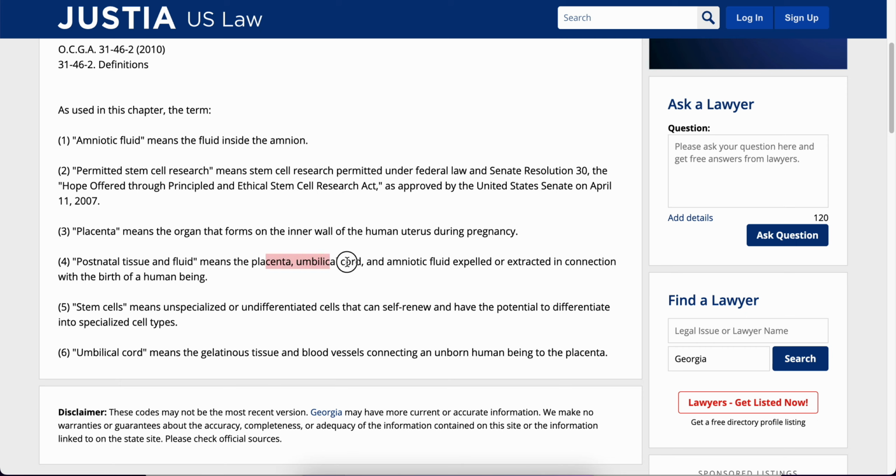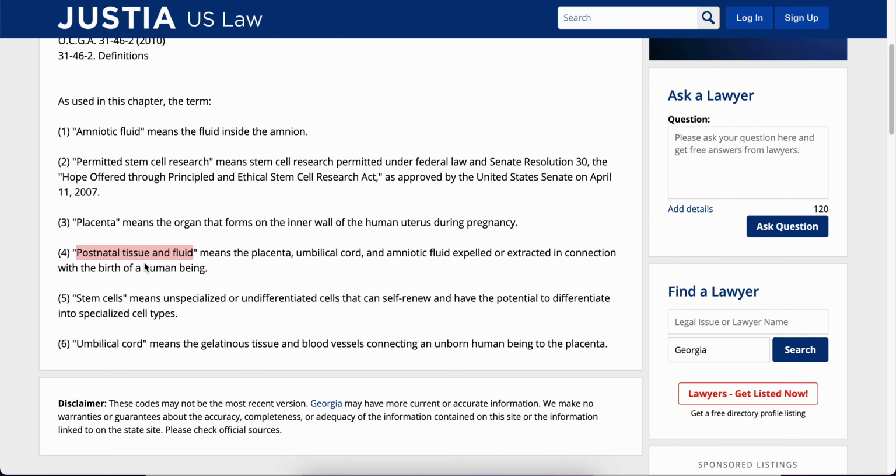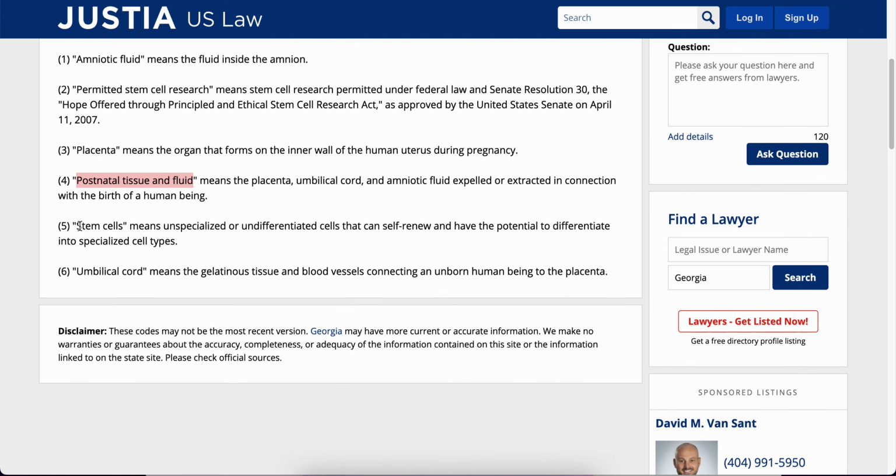You see all this; it's all considered postnatal tissue and fluid. That goes back to the definition we saw in the findings. Then we go to stem cells. Stem cells mean unspecialized or undifferentiated cells that can self-renew and have potential to differentiate into specialized cell types.